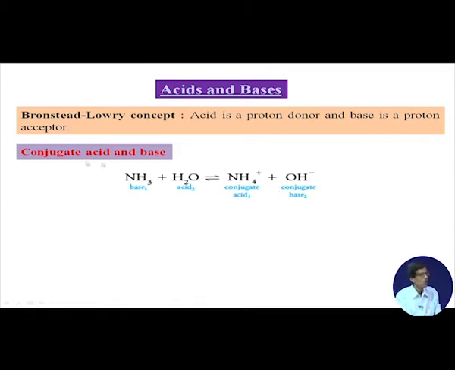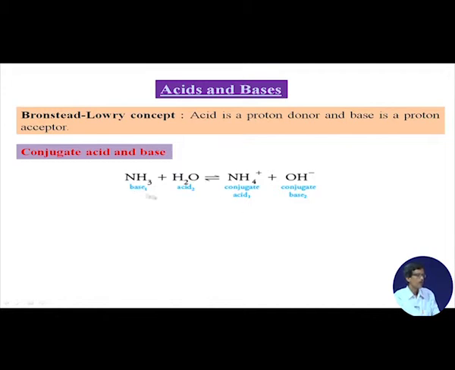So, if we know the starting point, what sort of base and what sort of acid we have, we can think about and realize the strength of the conjugate acid and conjugate base, and plan accordingly for the neutralization reaction or the titrations based on acid and base.